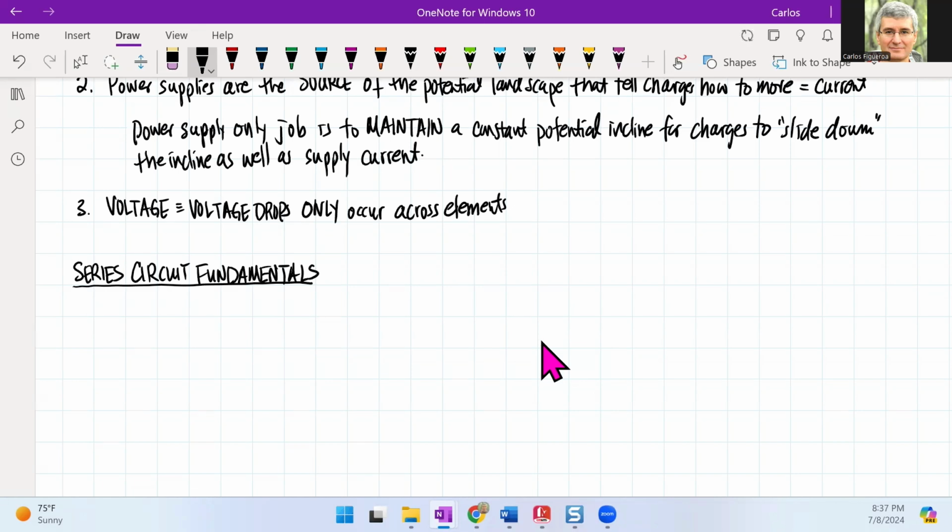So suppose I have a series circuit. So if I have a series circuit, I imagine that I have my power supply. And I'm going to give this power supply a value of 10 volts.